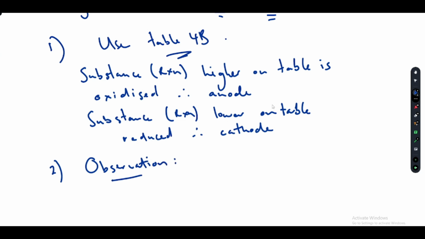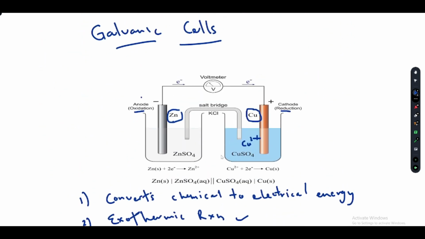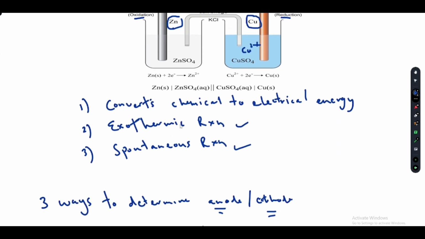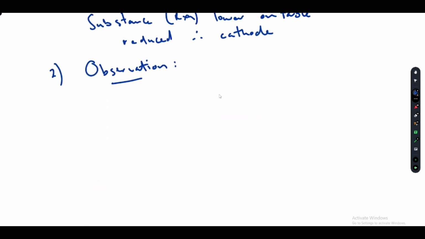Now, what are these observations? Let us remember that this is an actual experiment. Therefore, if this was occurring in reality, if we had to physically set up the system, we would expect to see some physical changes occurring. What we will notice at the anode is that the metal electrode there sort of dissolves.